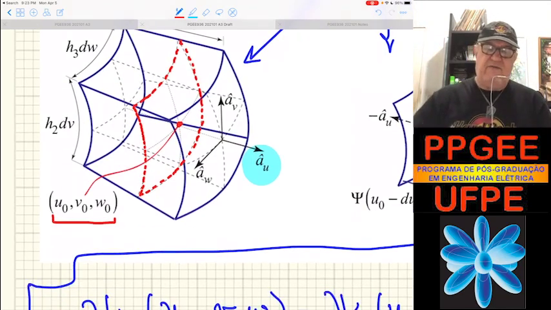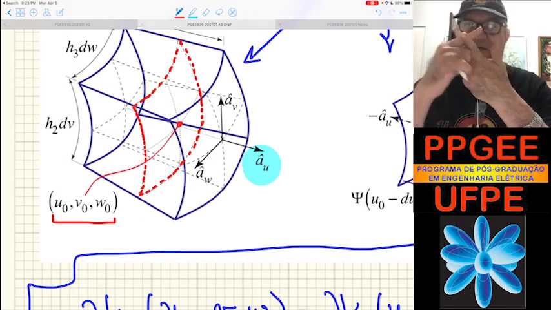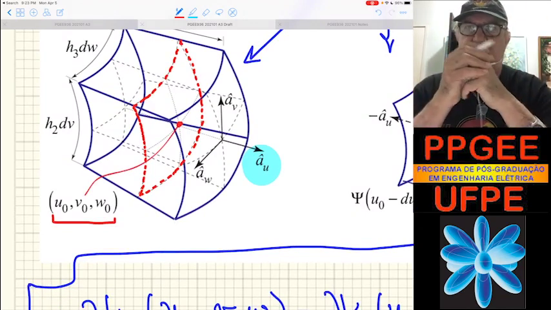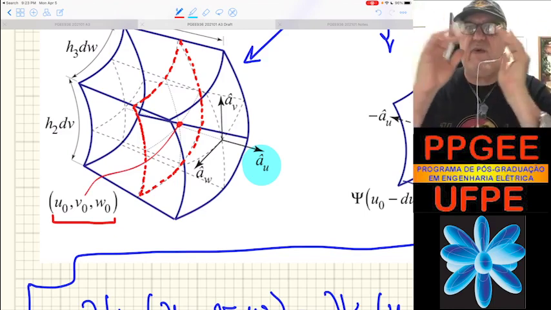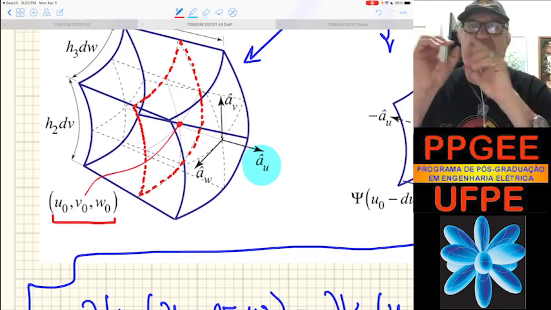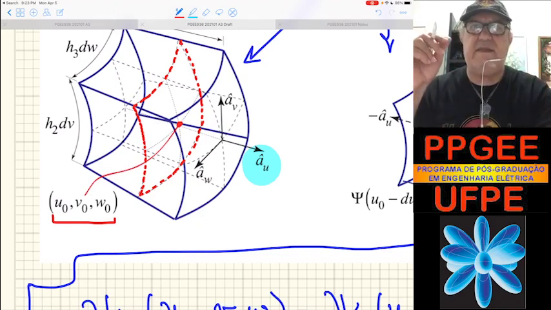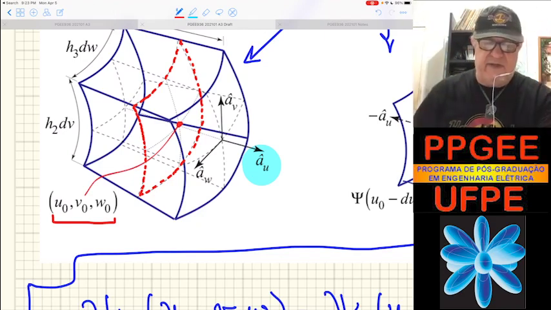I'm just going to talk about one of the surfaces, because understanding one of them, you just make cyclic permutations to understand the other ones. So you don't have to look at all the 6 faces. We're just going to make one calculation, then make cyclic permutations. It's going to be easy to determine all the components of the divergence.